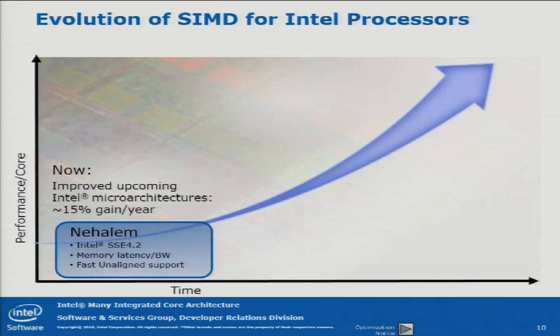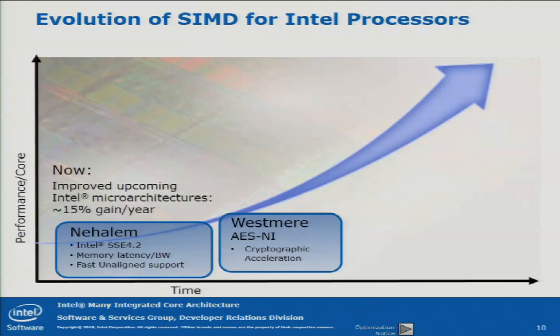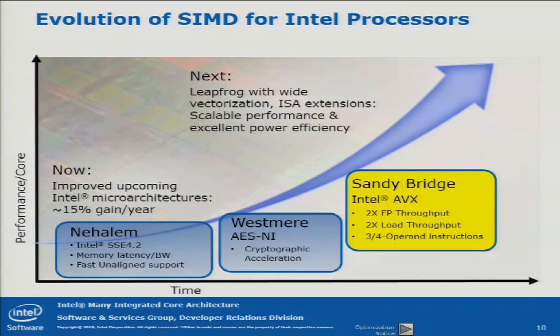Okay, and regarding the evolution of vector instructions, with Nehalem, SSE 4.2 didn't bring anything for HPC people, right? It added string capabilities and that kind of stuff. But what we got is support for fast unaligned loads and stores for vectors, which was not possible in former times. With Westmere, we had new instructions like AES, also non-HPC.